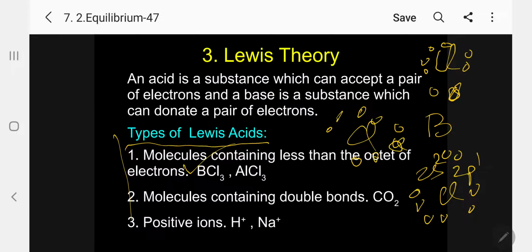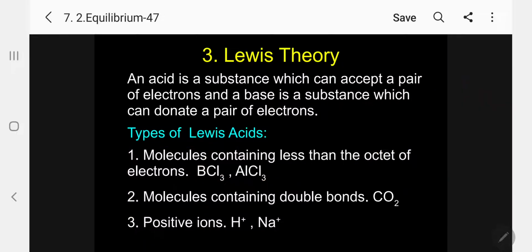Why am I calling it this? Because the central boron element has only 6 electrons, so it is an electron deficient molecule. So it can accept a lone pair. Any species having a lone pair, like ammonia, can donate a lone pair to boron trichloride. So boron trichloride and aluminum chloride are examples of molecules containing less than an octet. All the boron family comes under this category.